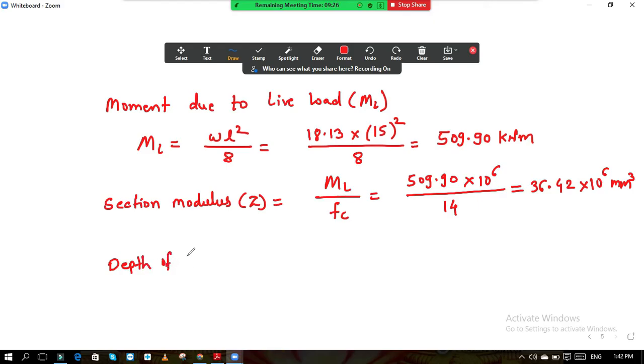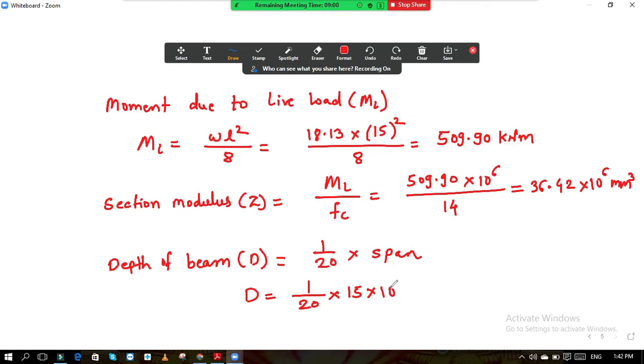Depth of beam D is equal to, how much is it? 1/20th of span. So D is equal to 1/20 into span, which is 15 into 10 raised to 3. So we will get the depth in mm.